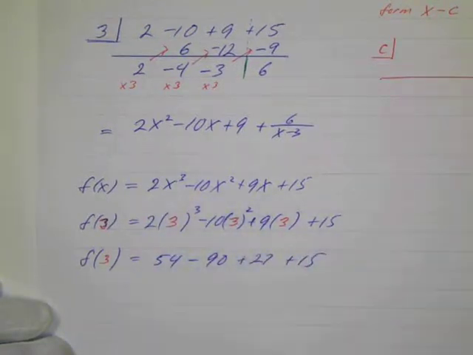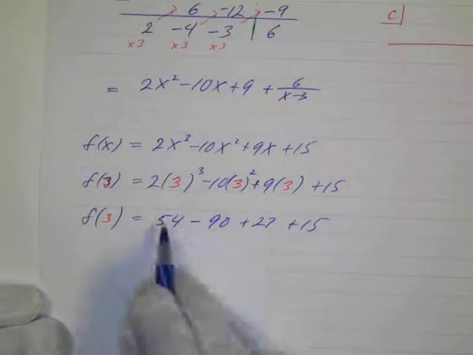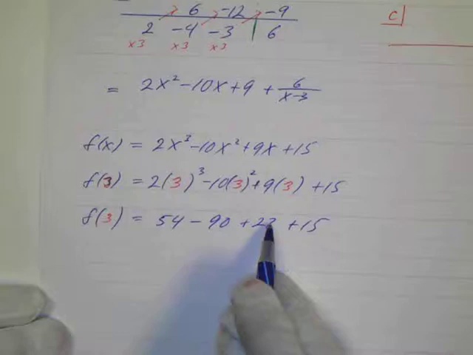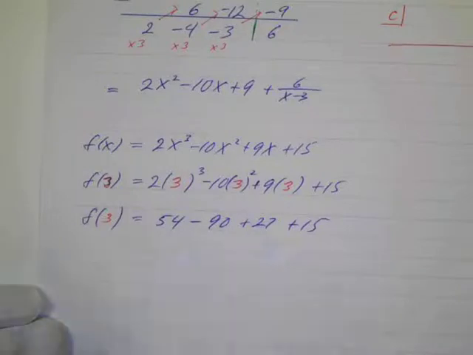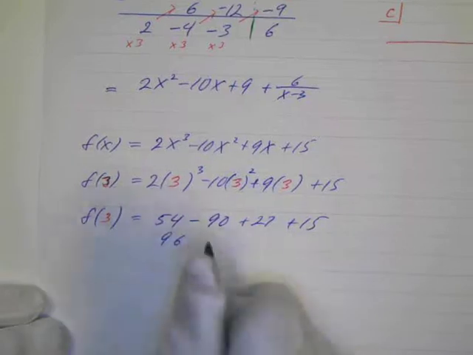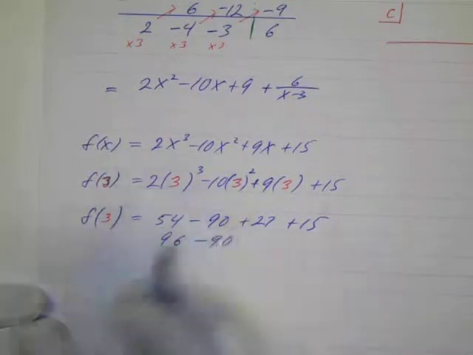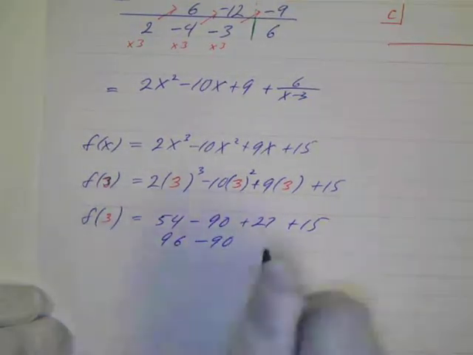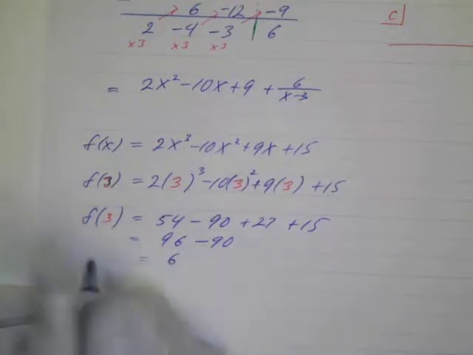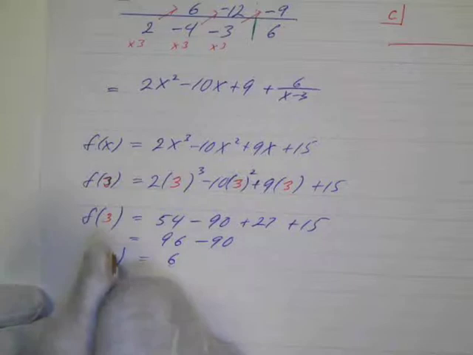Plus 15. And then if we add 54, 27, and 15, I get 96 minus 90. And that equals what? 6.